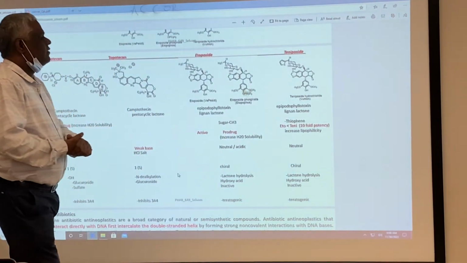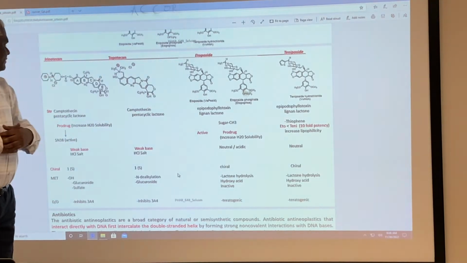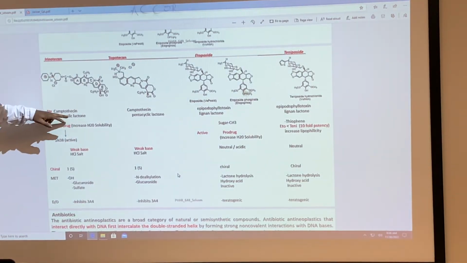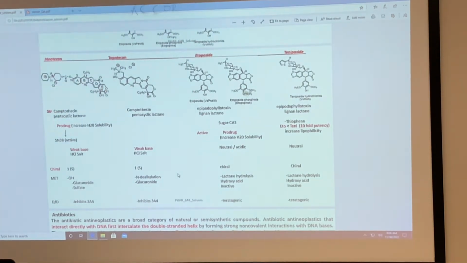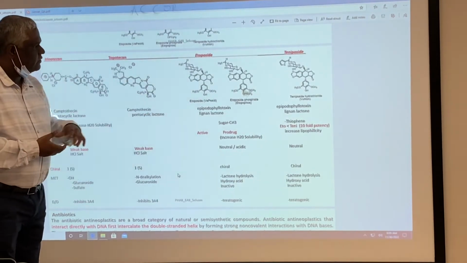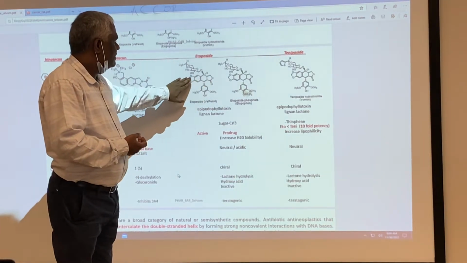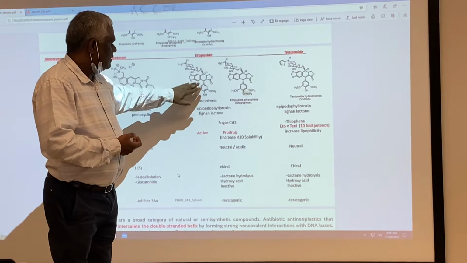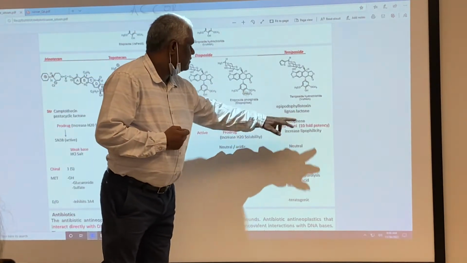The first two are alkaloids; the second pair are not alkaloids. Chemically, the camptothecins are classified as pentacyclic lactones: the last ring is a five-member cyclic ester, a lactone. The others have a lignan fragment, so they are lignan lactones.